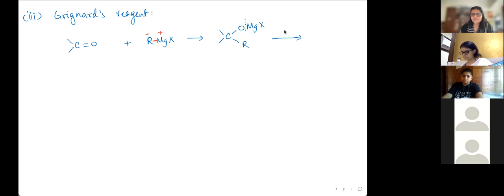So when you do hydrolysis of this, treat it with water, with alcohol, with acid, whatever it may be, you end up getting an alcohol plus MgOHX. So this varies depending on what reagent you're taking here, but essentially this is the main thing that you need to focus on. Okay?